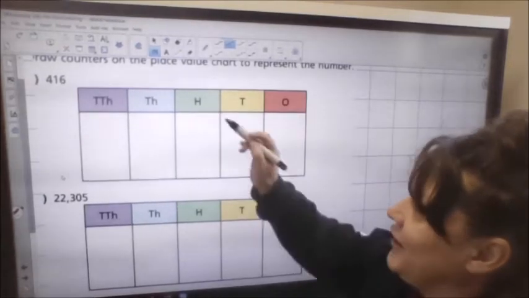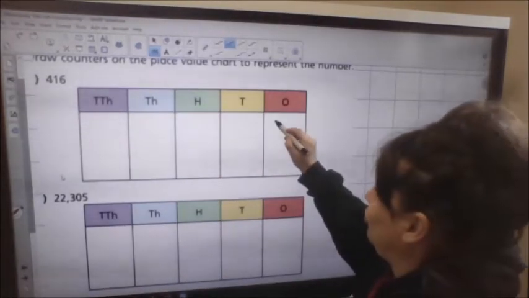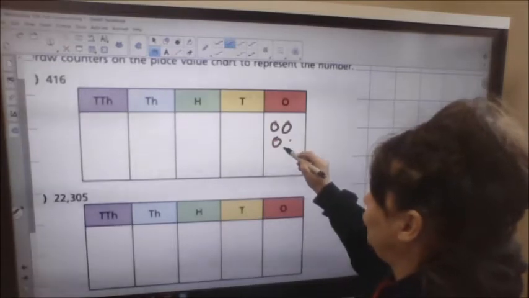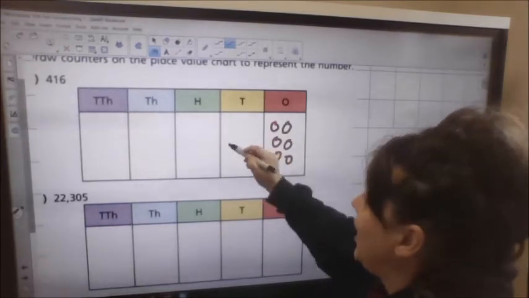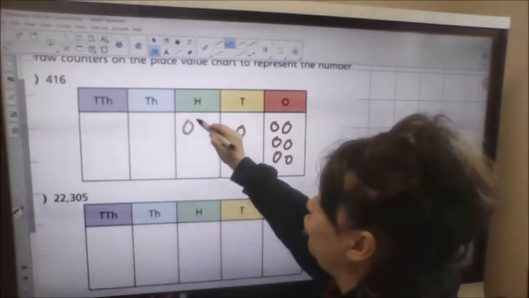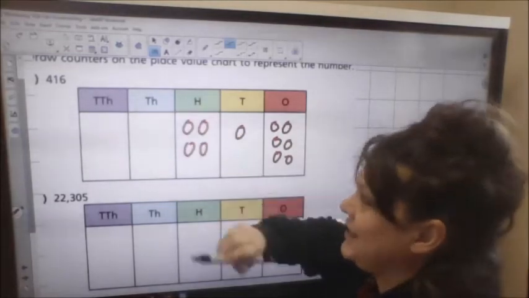Let's see. So 416, you should have 6 counters here. 1, 2, 3, 4, 5, 6. I've got 1 ten and I've got 4 hundreds. And then I haven't got anything else.